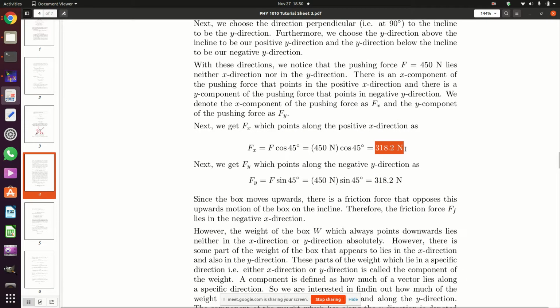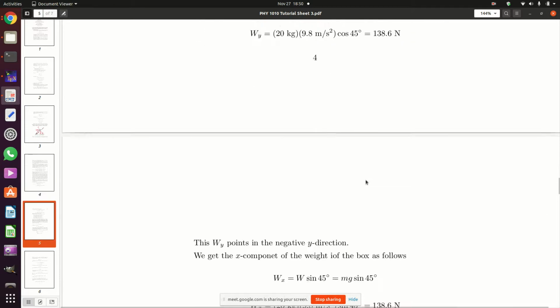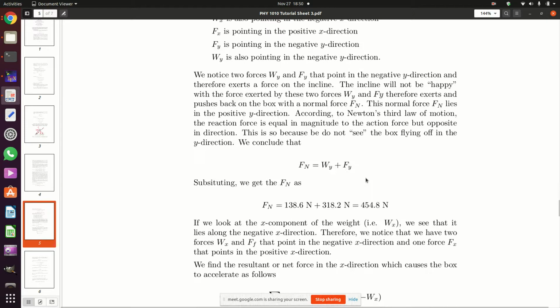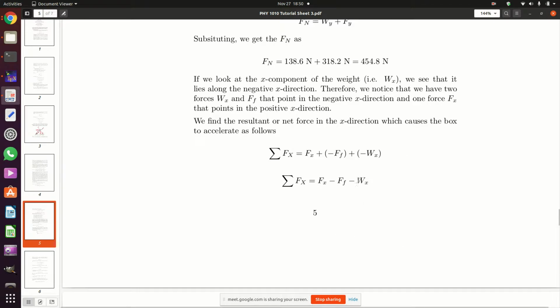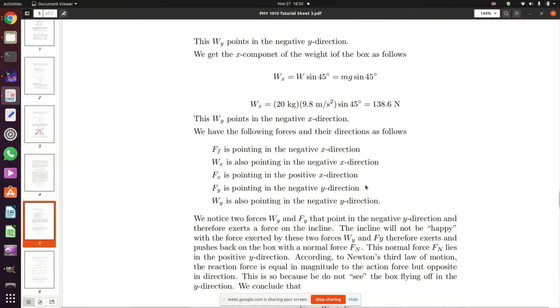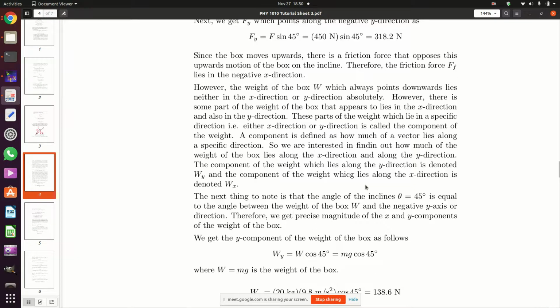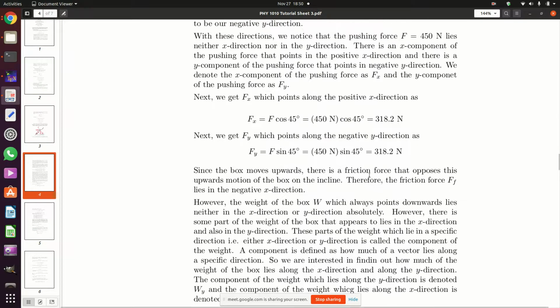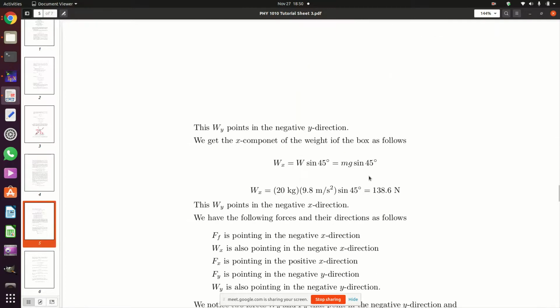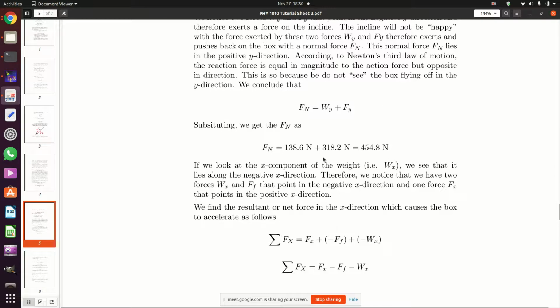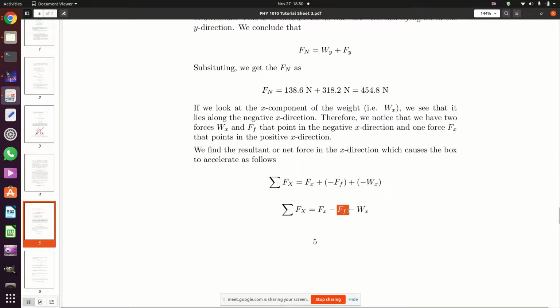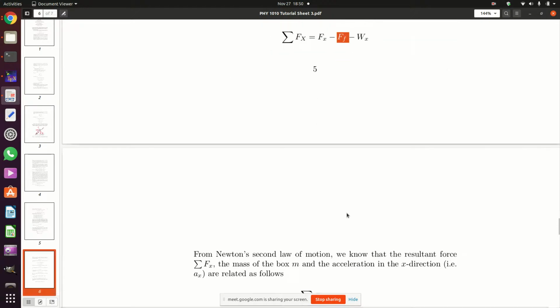We also know Wx, which was found here. The only thing we do not know is the friction, but that's something which you can do.